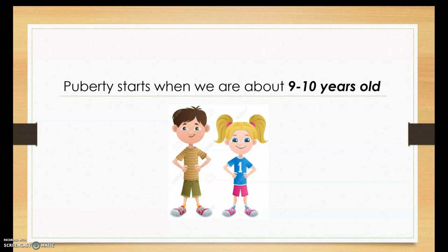Puberty starts when we are about 9 to 10 years old. Everybody repeat after me. Puberty starts when we are about 9 to 10 years old. Very good. So when we reach the age of 9 or 10, we will start experiencing physical changes in our body.